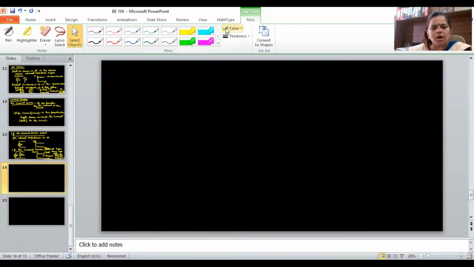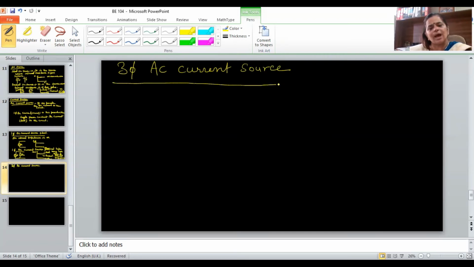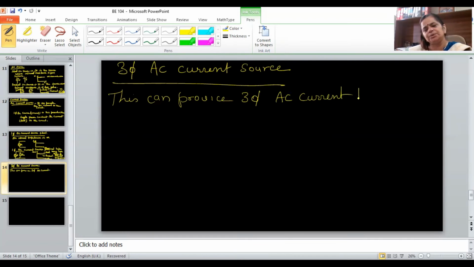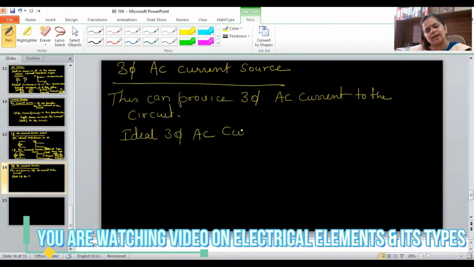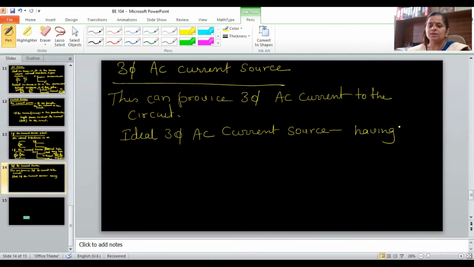Now let us talk about the three phase AC current source. Again, as the name indicates, this can provide three phase AC current to the circuit. There are a lot of advantages of supplying three phase current to the circuit. Again it is of two types, one is ideal and the second one is practical. So the ideal three phase AC current source has infinite internal impedance.